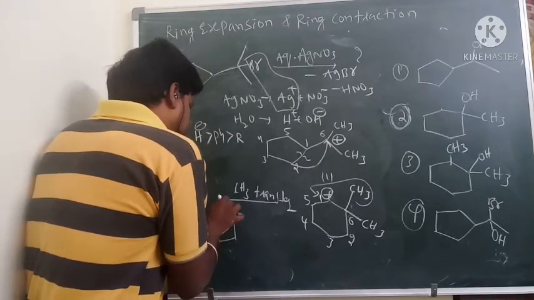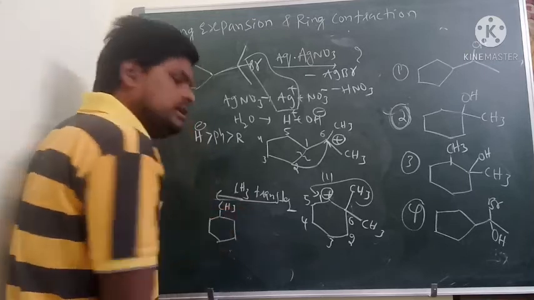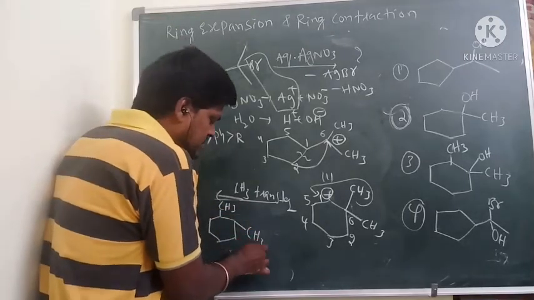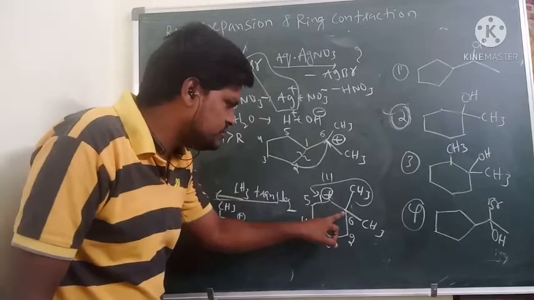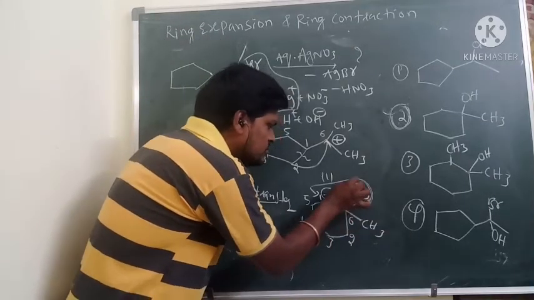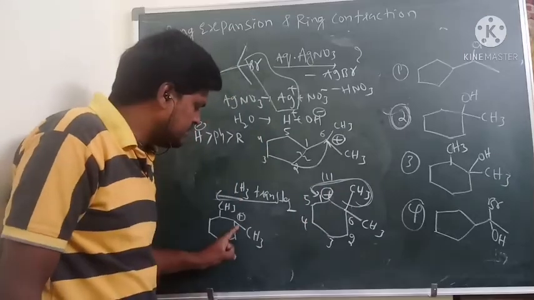Right? Here a methyl group is there, here a methyl group, right? And here also one methyl group, and here positive charge is there. Yes or no? Here positive charge, because it is transferred along with the bond toward this first carbon. That's why this carbon has lost a bond, and that's why here positive charge.